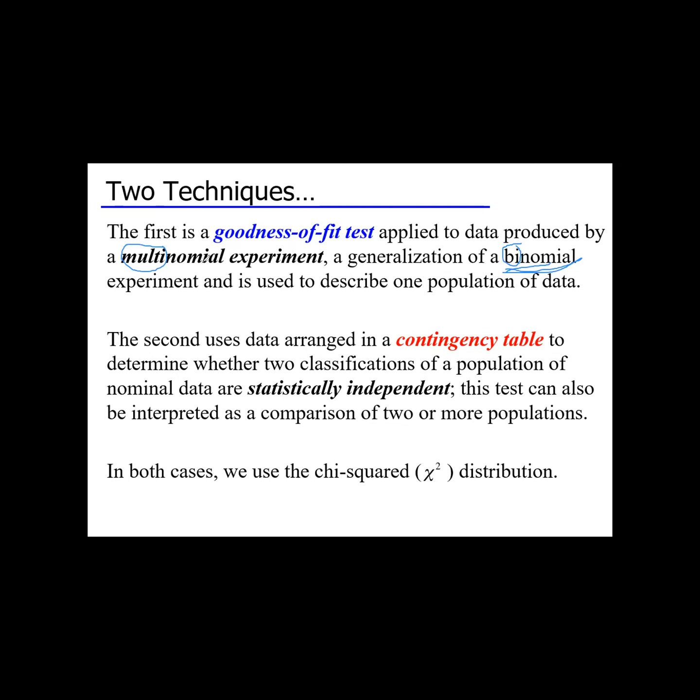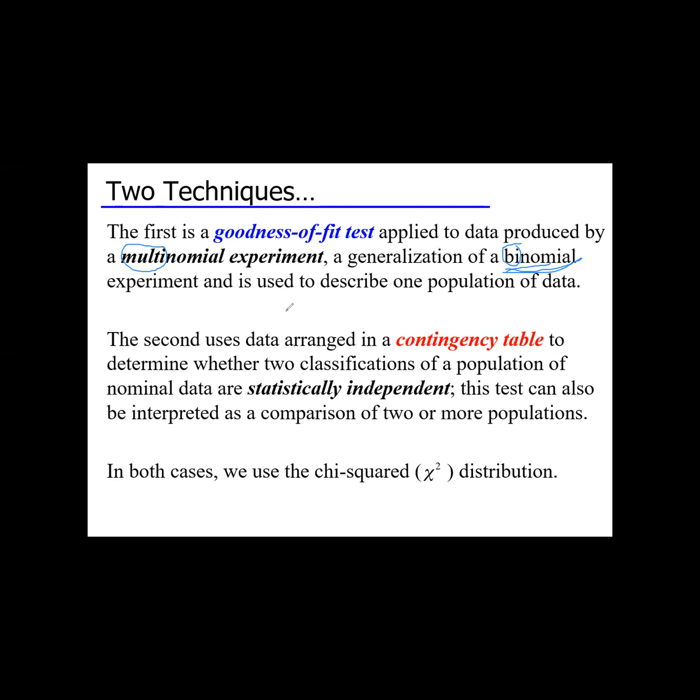So when we talk about multinomial experiment, we talk about that experiment which involves many numbers. Specifically, we will be looking at not the values of n, but the values of p, which are the proportions.